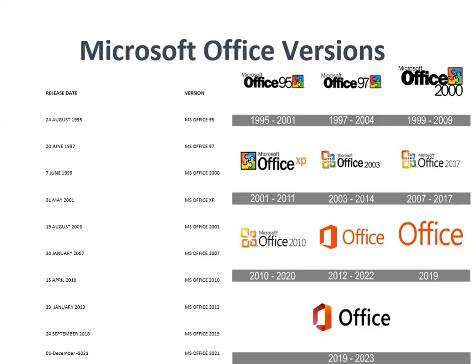Now let's talk about Microsoft Office versions. Microsoft Office was first introduced in 1995. That was known as Office 95. Later on, the second version was introduced in 1997. It was called Office 97.